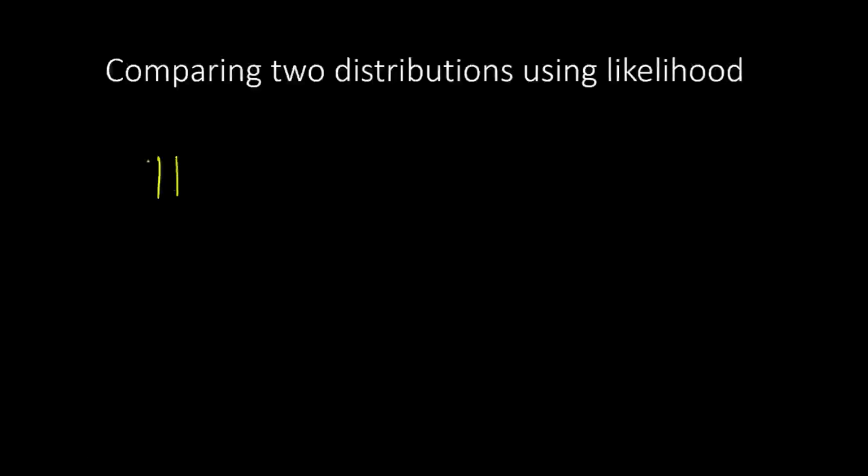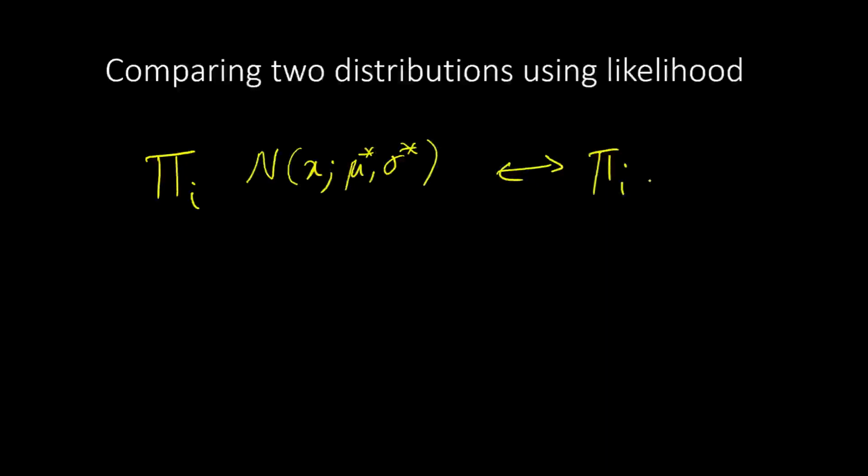So if we take the likelihood of, let's say, the Gaussian, N of x with parameters mu star and sigma star, and we compare it against another distribution, which could be, let's say, the uniform distribution, over xi with parameters a and b.